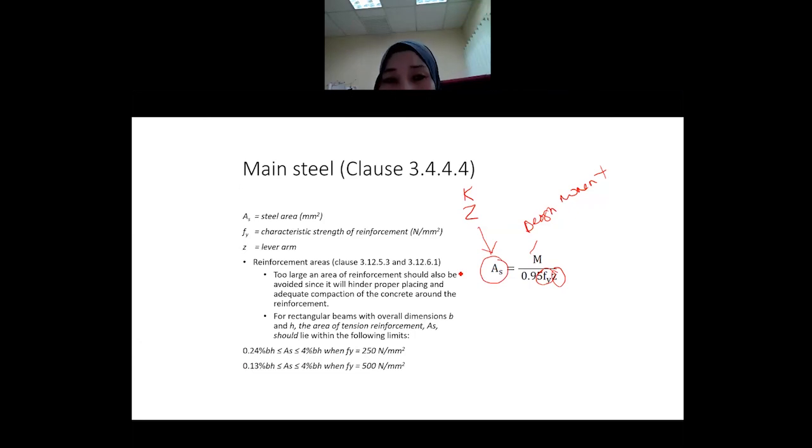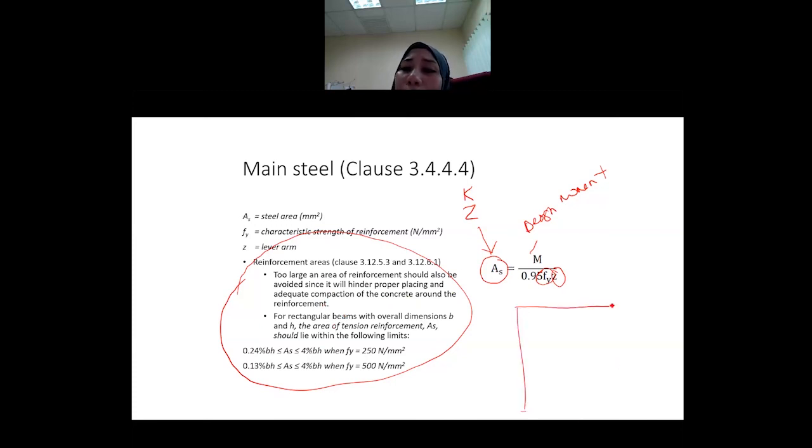Alright. So, reinforcement areas you nampak dekat tepi ni. Okay, too large an area of reinforcement should also be avoided since it will hinder proper placing and adequate compaction of concrete around the reinforcement. Okay, bukan apa.